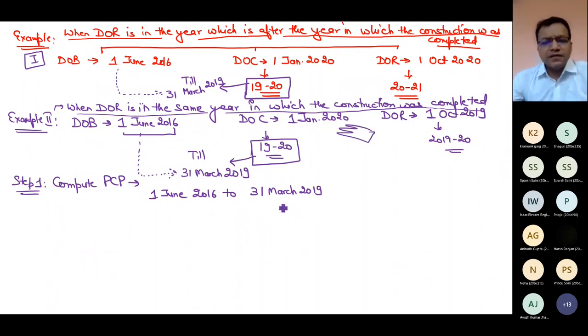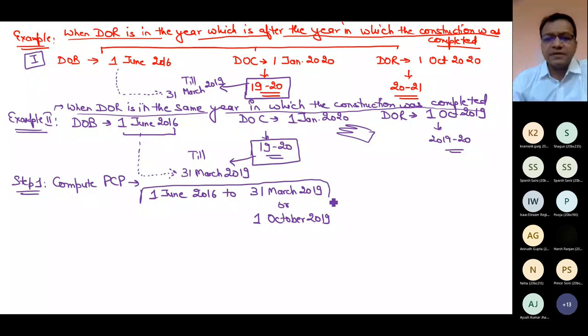19. And one thing is by default, which is not necessarily needed to be written in the book, or anywhere you might not find it. By default, you must compare this 31st March with the actual repayment date. What is my repayment date? 1st October 19. So which is early? 31st March is early. This is my PCP.